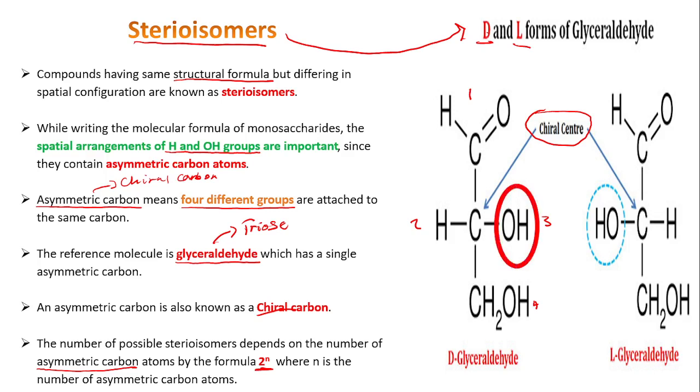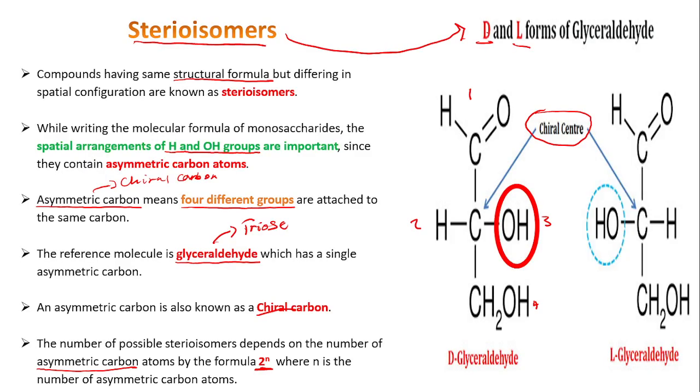Let's move on. So this is the orientation of the OH group. If you look at the OH group and the H group, in D-glyceraldehyde, the OH group is on your right hand side.